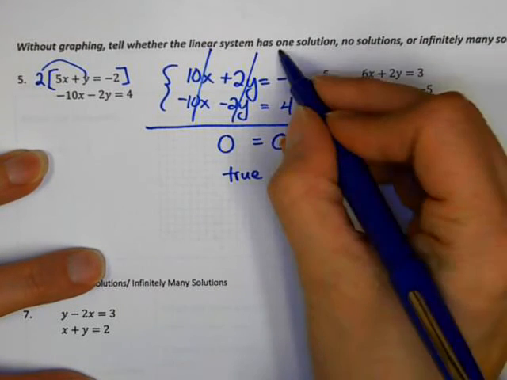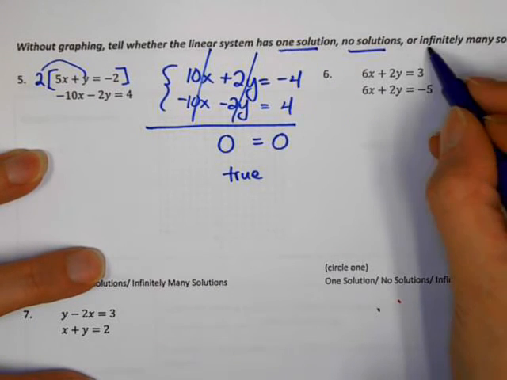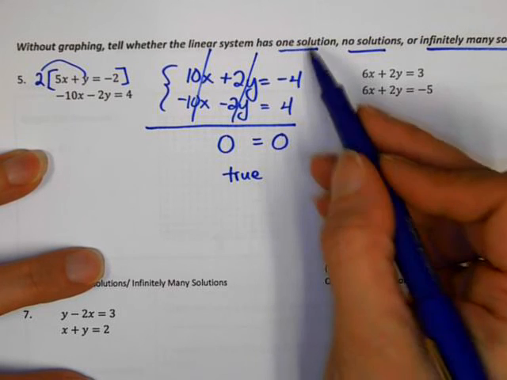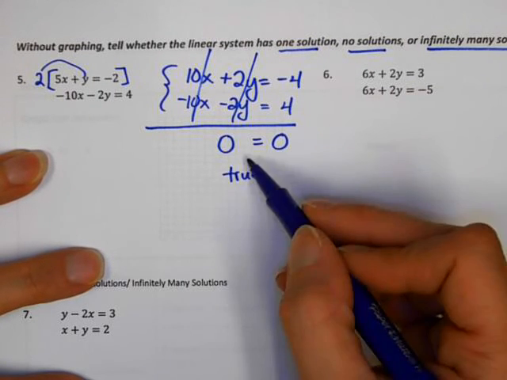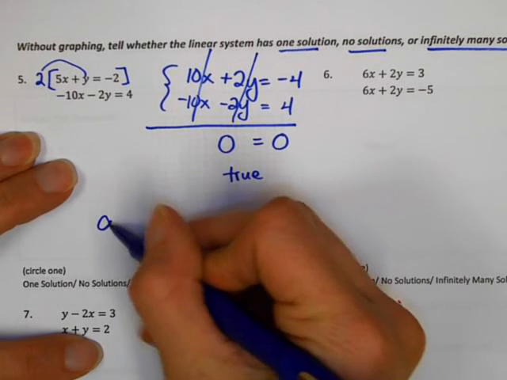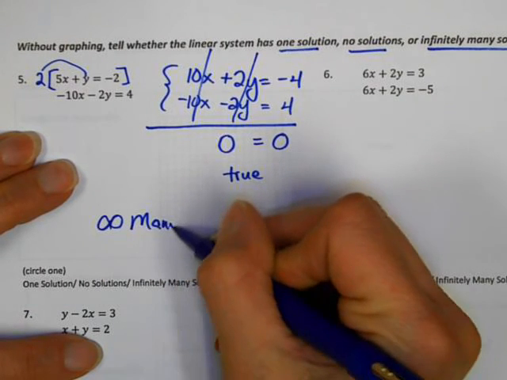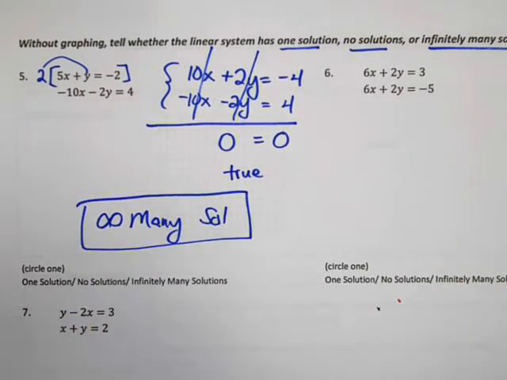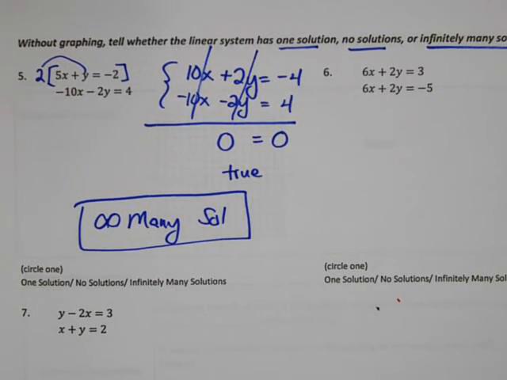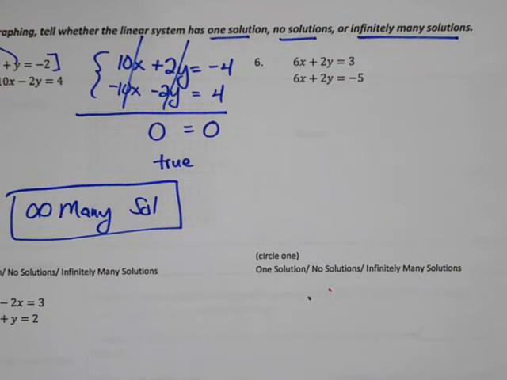So, is there one solution, no solution, or infinitely many? Well, there's not one solution because I didn't get x equals. When it's true, we're going to say infinitely many solutions because it's true.